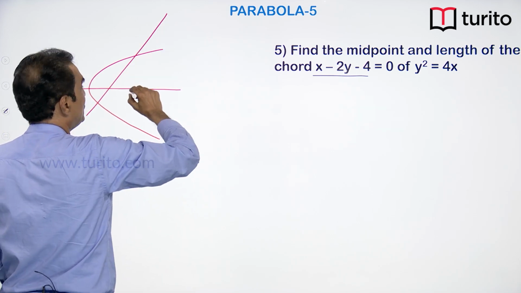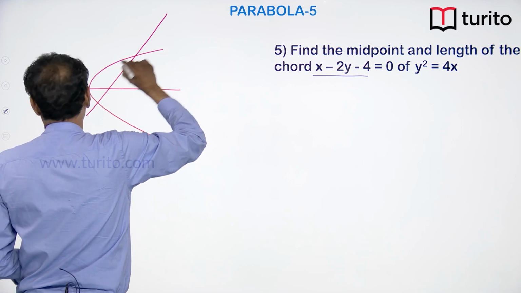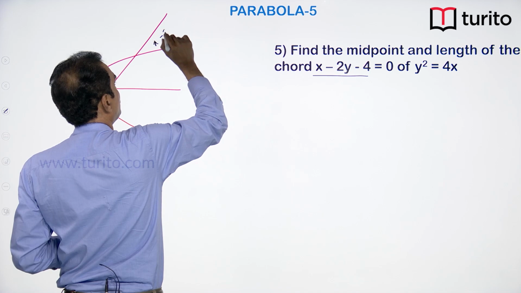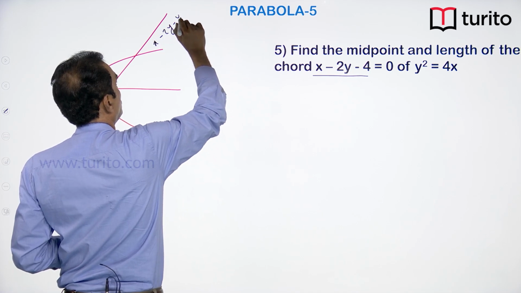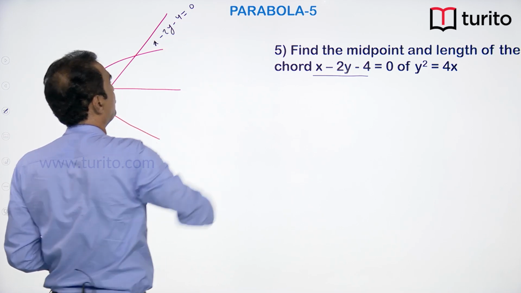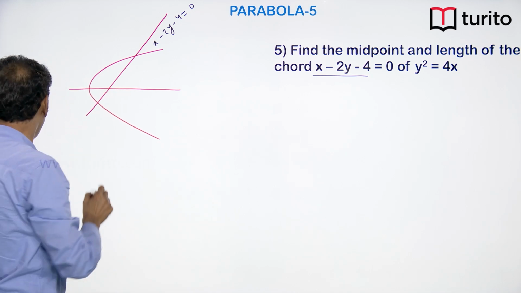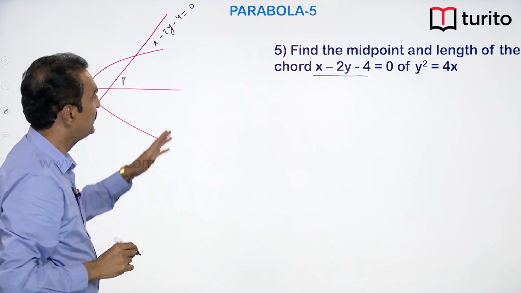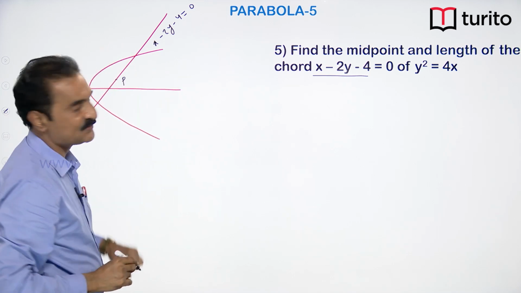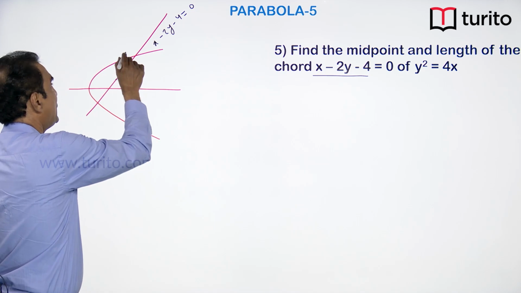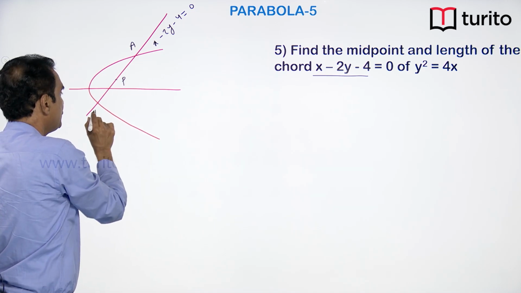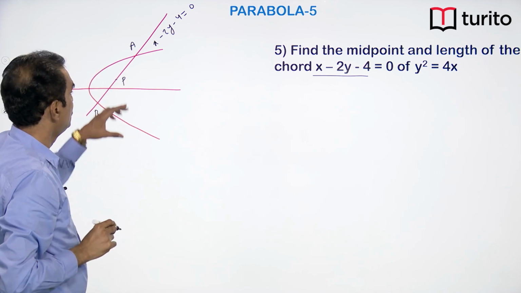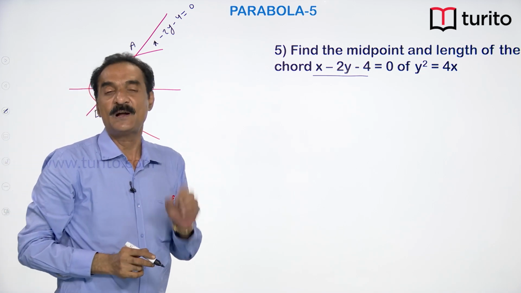Equation of the chord is given as x minus 2y minus 4 is equal to 0. We have to find midpoint of the chord, say P, and length of the chord also. Let the ends of the chord be A and B. Then we need to find length of AB and coordinates of P.